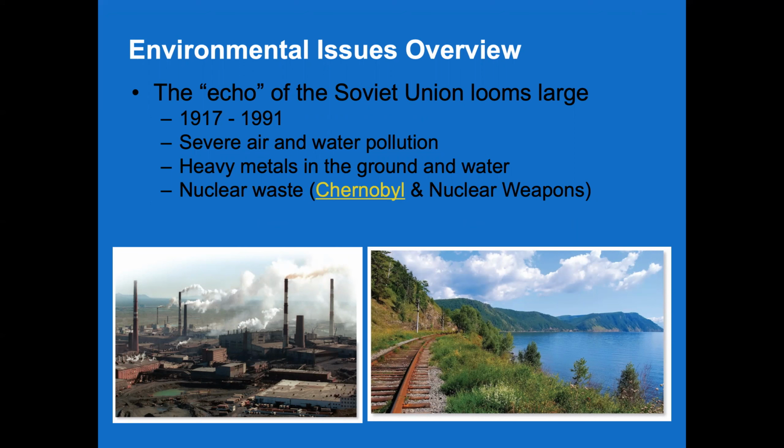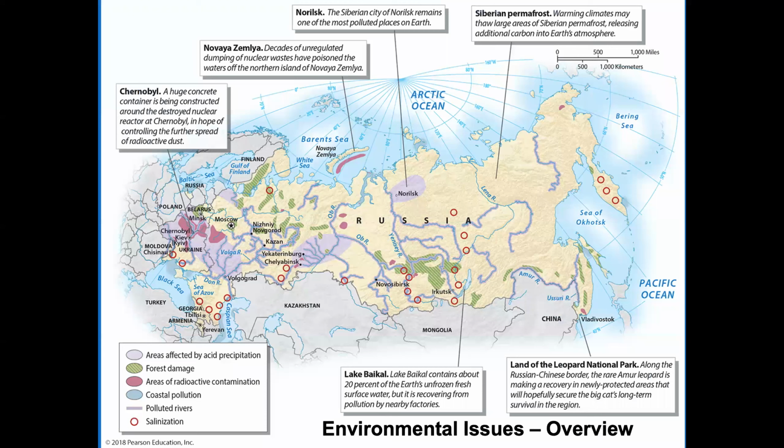And as a result of weapons building and war waging, there's severe air and water pollution, heavy metals in the ground as a result of mining, and of course nuclear waste both from nuclear weapons and Chernobyl, which took place in the Ukraine back in 1986.